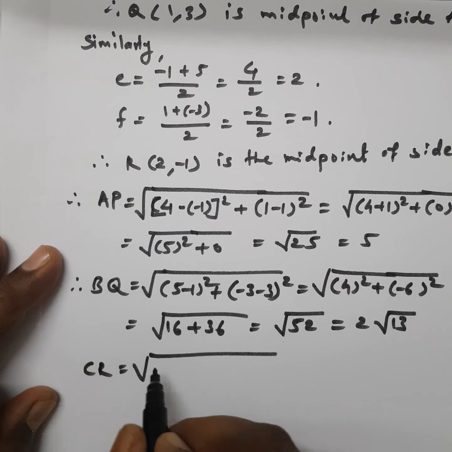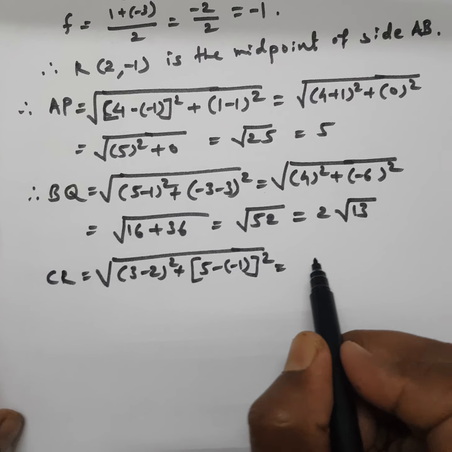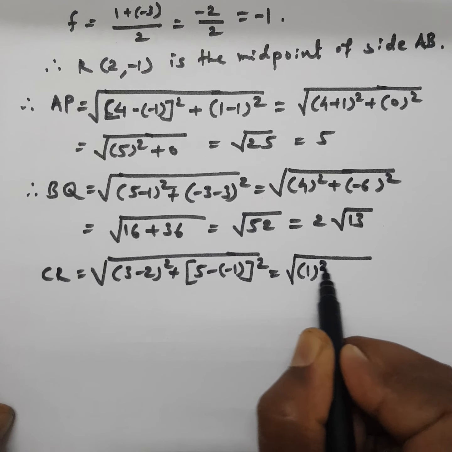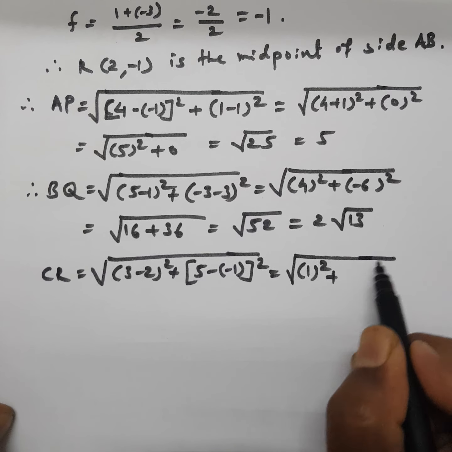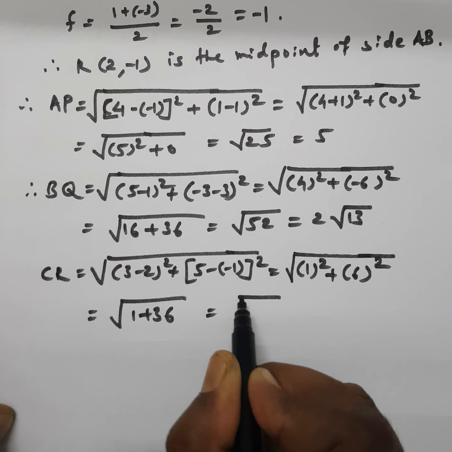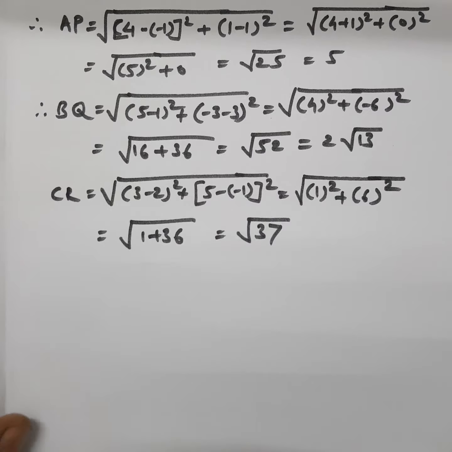Therefore, (3 minus 2) square plus (5 minus (-1)) square is equal to 1 square plus (5 plus 1, that is 6) square, is equal to 1 plus 36, is equal to root 37. This is the length of the third median.